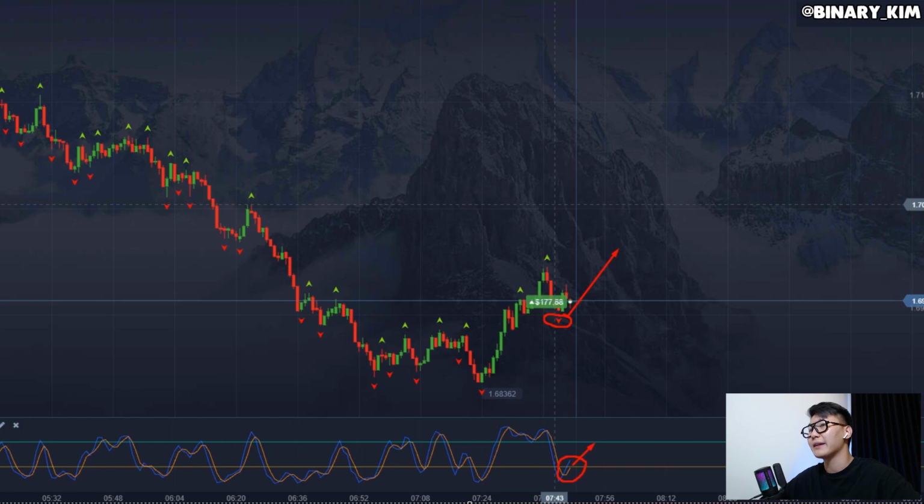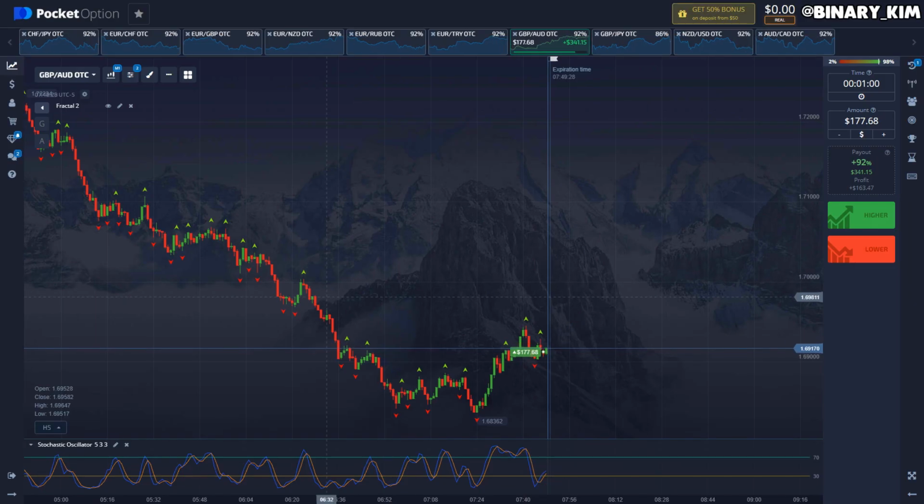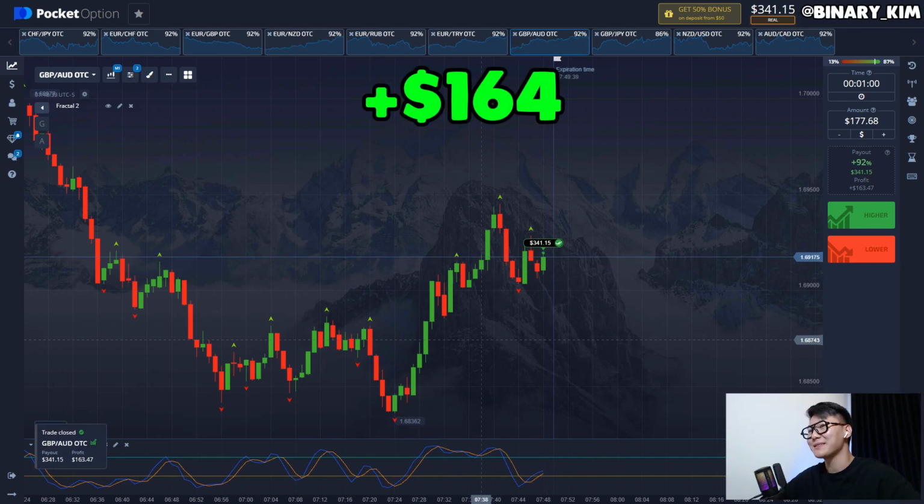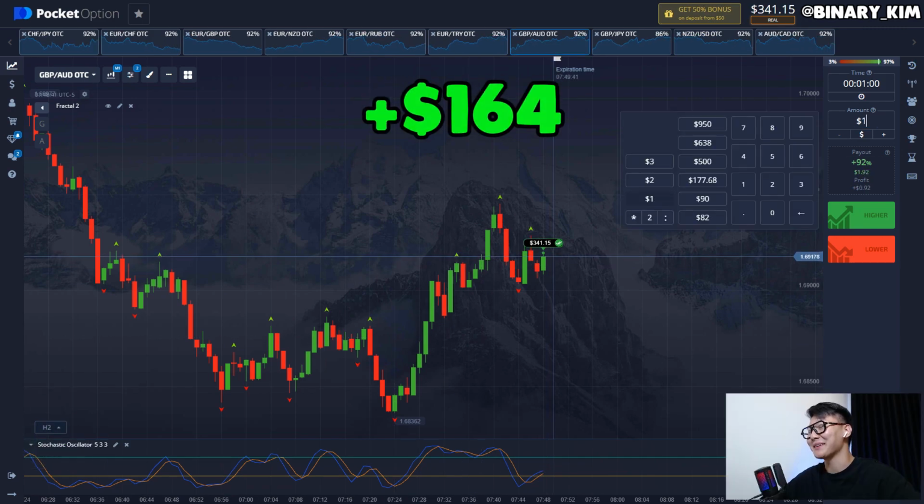Also pay attention to this resistance zone, there is some space here until the price will hit it, and basically the price is gonna break through it and update its local high, and that's why we open the long position guys. And we end in profit. Let's update the trade amount and let's continue.